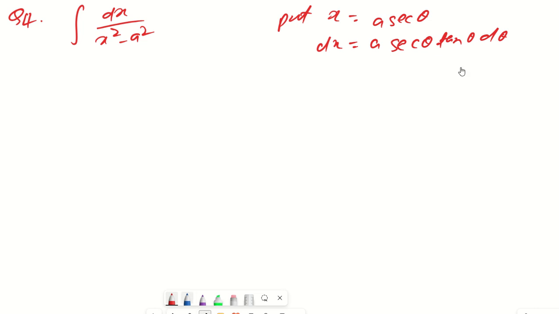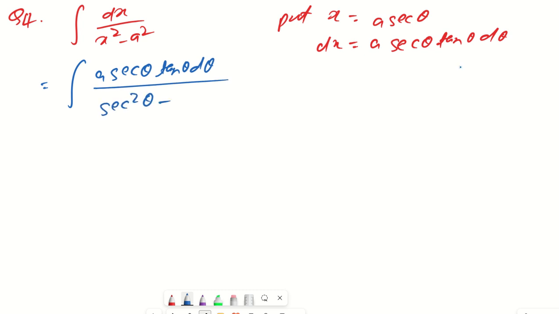So my integration will become integration of a sec theta into tan theta d theta divided by a square sec square theta minus a square. Okay, so at the place of x I have put a sec theta, so that has become a square sec square theta minus a square.